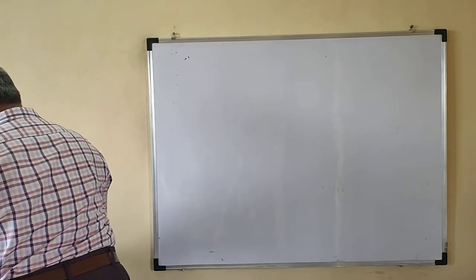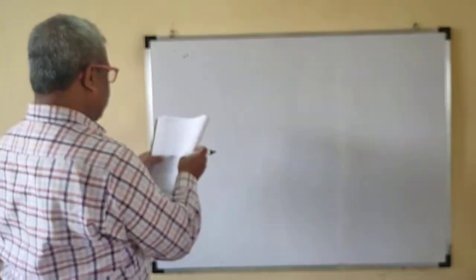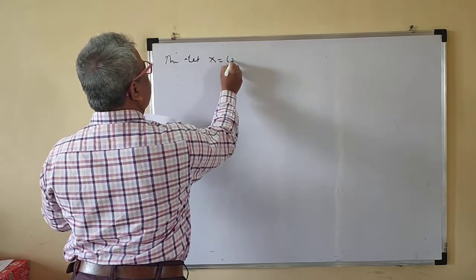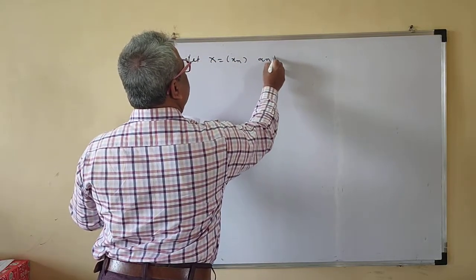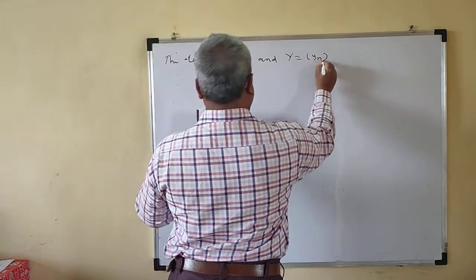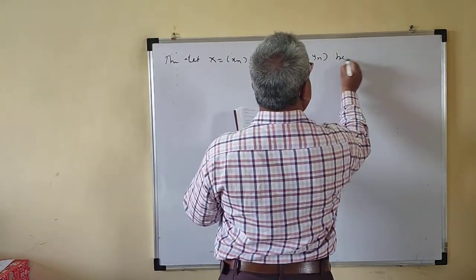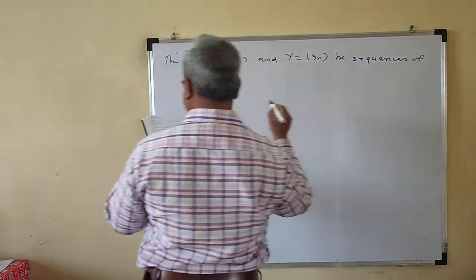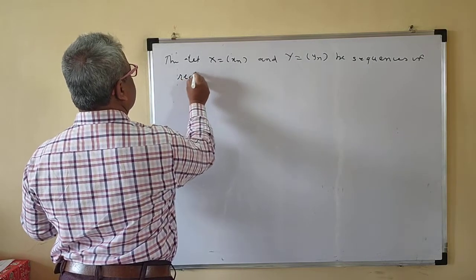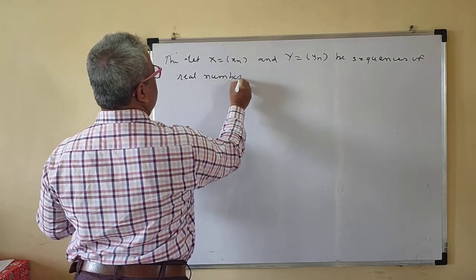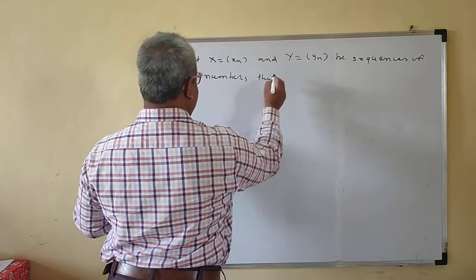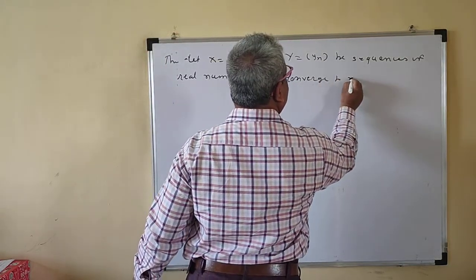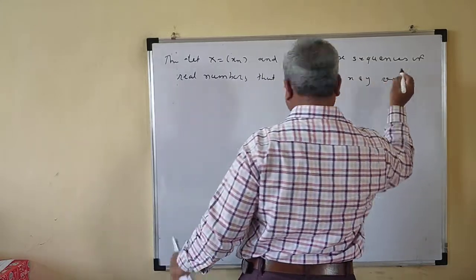Now we prove a theorem. Let x = (xn) and y = (yn) be sequences of real numbers that converge to x and y respectively.